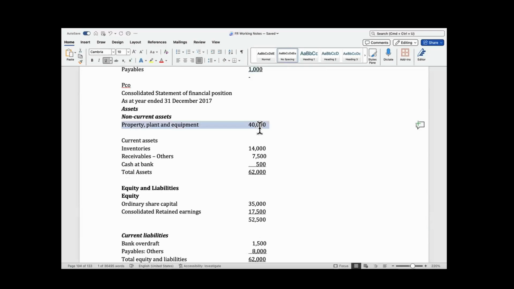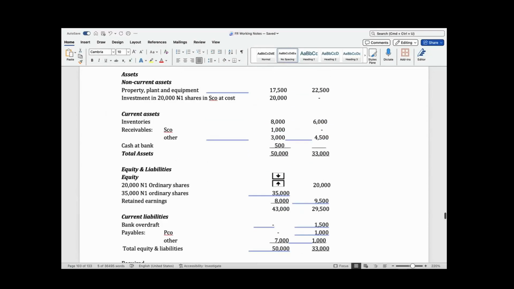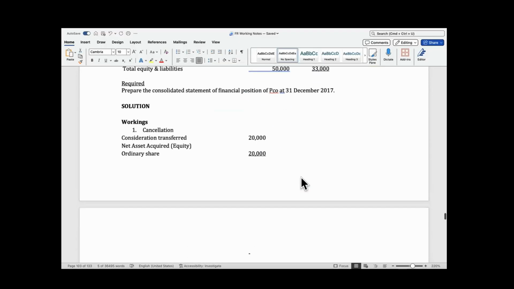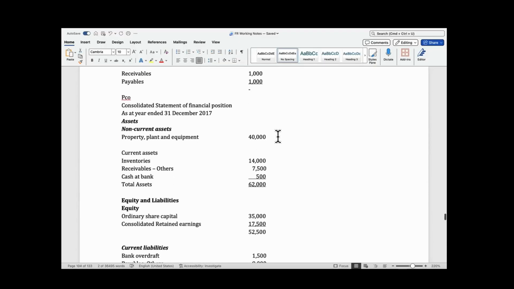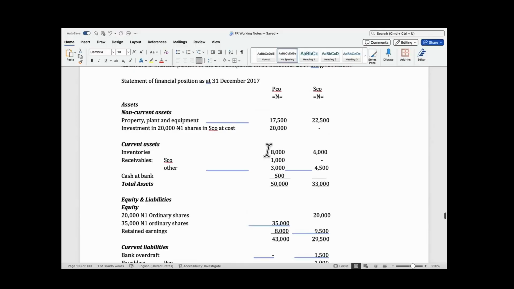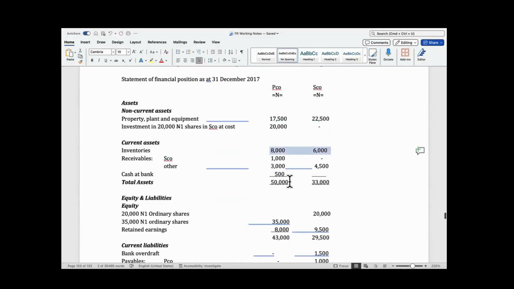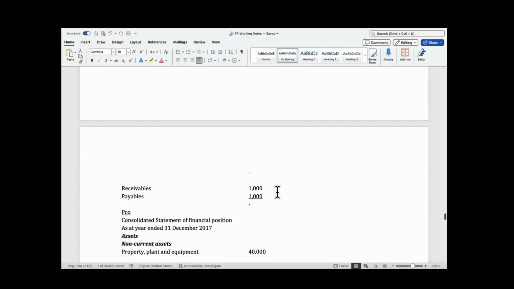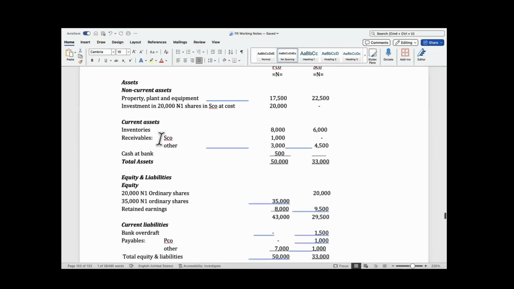So the PPE is as good as adding that of the parent and the subsidiary together. 17,500 plus 22,500, that's 40,000. Inventories, adding these two together, which is 14,000. Receivables, we only consolidate others because we have cancelled out ESCO's.